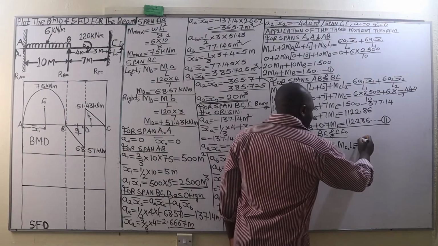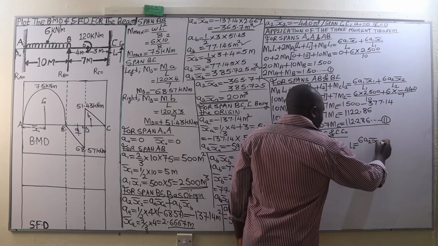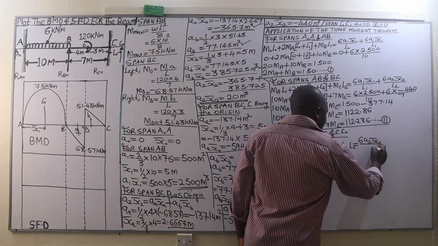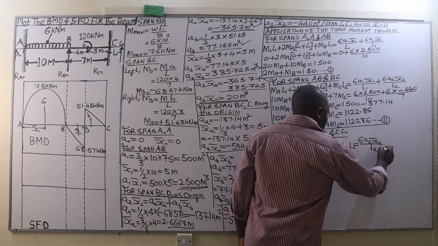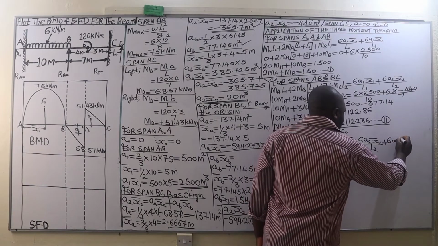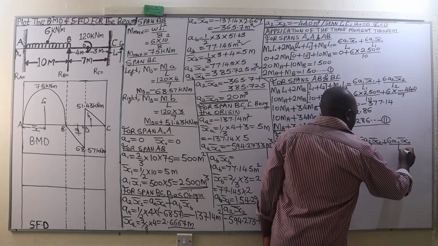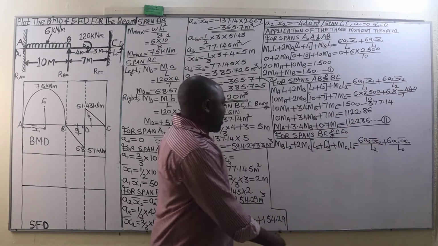That is going to be equal to 6A2 bar X2, divided by L2 plus 6A naught bar x naught divided by L naught.